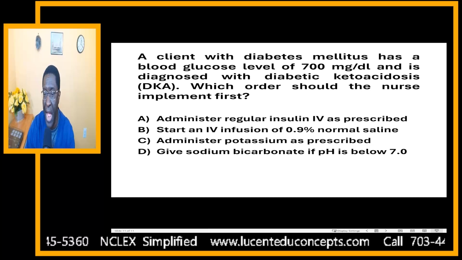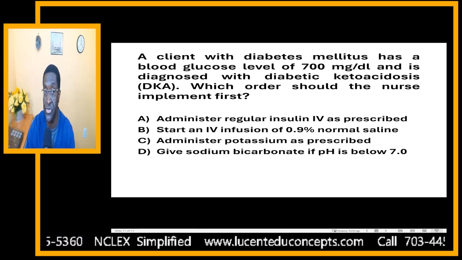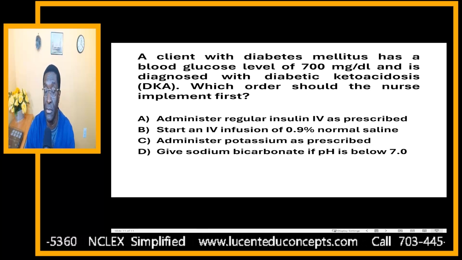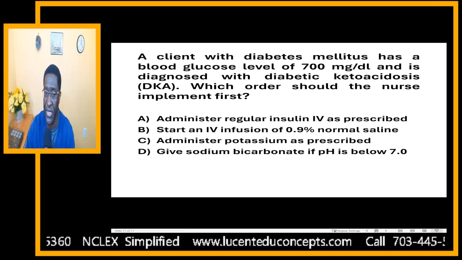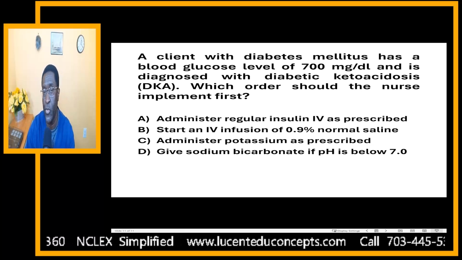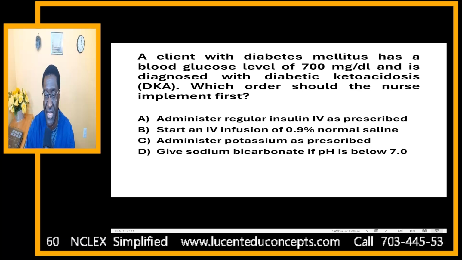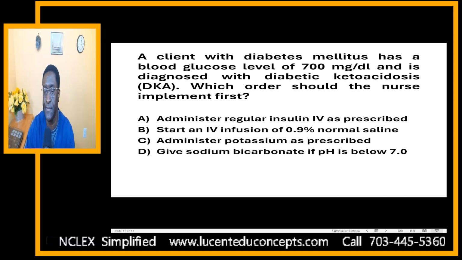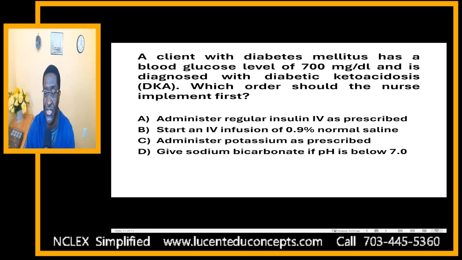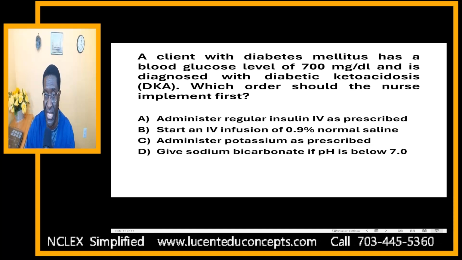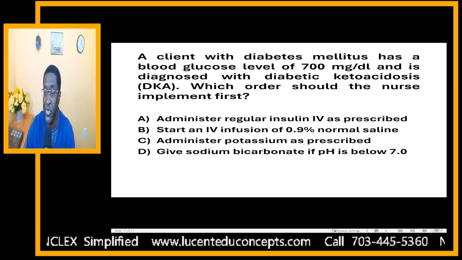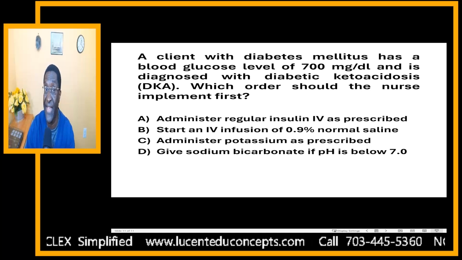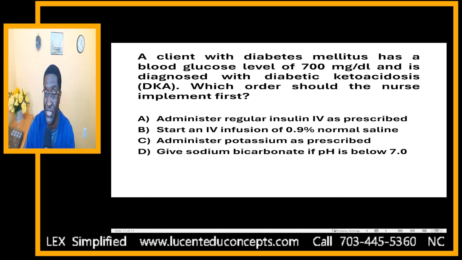Then our second priority, we're going to go straight to the insulin because insulin impacts our fluid. So we're going to administer regular insulin IV as prescribed. And then as you are applying the insulin, keep in mind that insulin is going to have a significant impact on potassium.